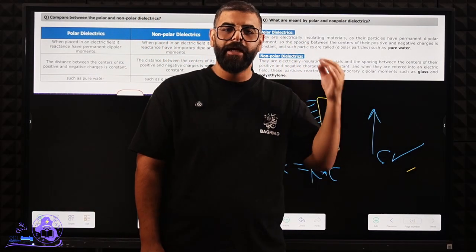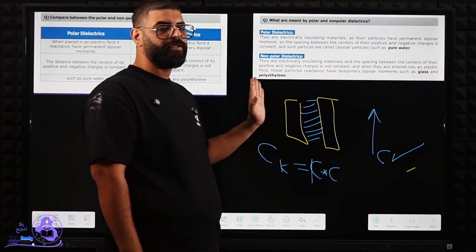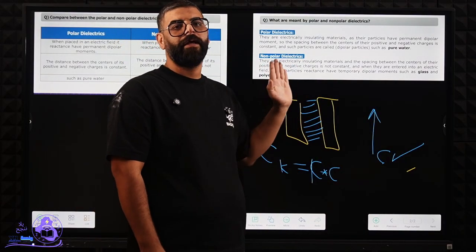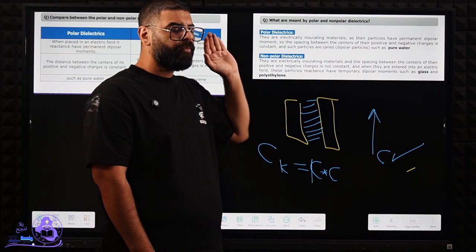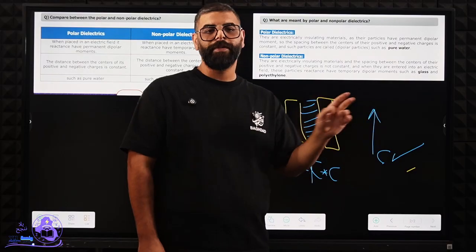Once we insert a dielectric inside the capacitor, separating the two parallel plates, we should know instantly that the capacity will increase.